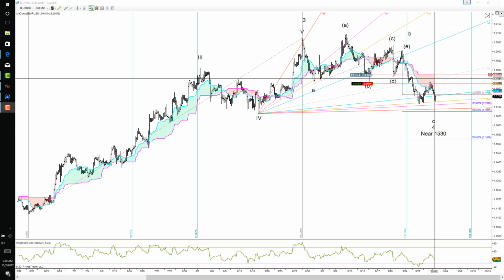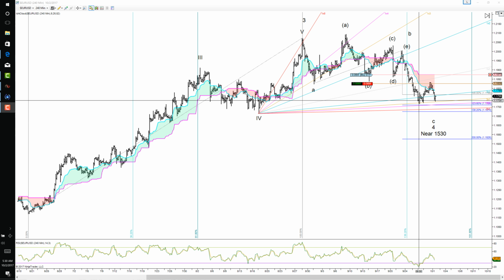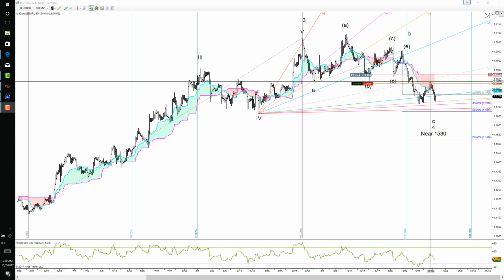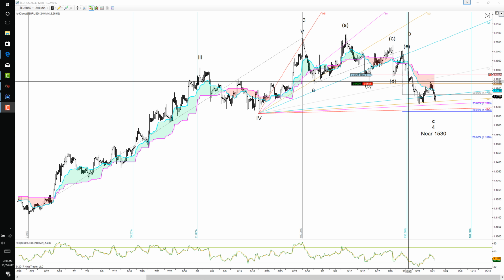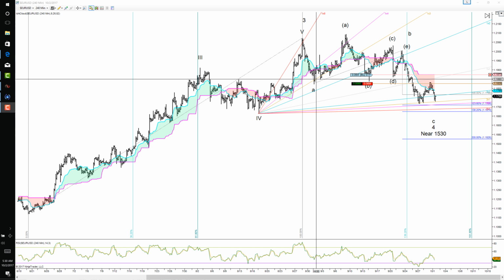Then I did my own projection and said, okay, I would like to get in at around 1825 because it should fall. What I was basically doing was going back and looking at previous resistance or support levels. I went here, this was 1836, then I went here, and this was 1824.